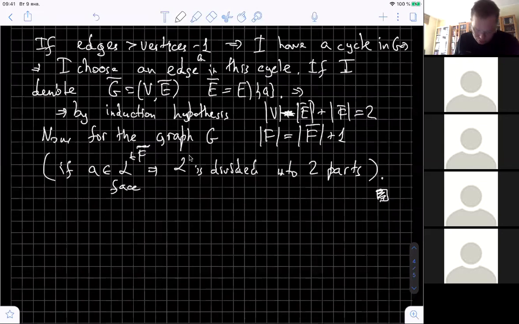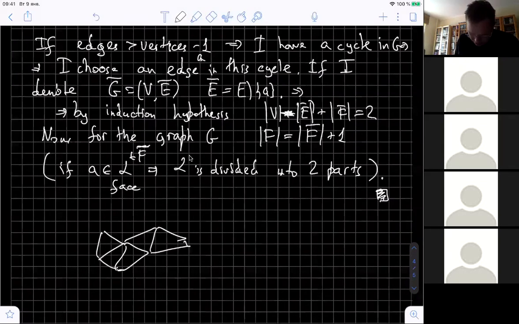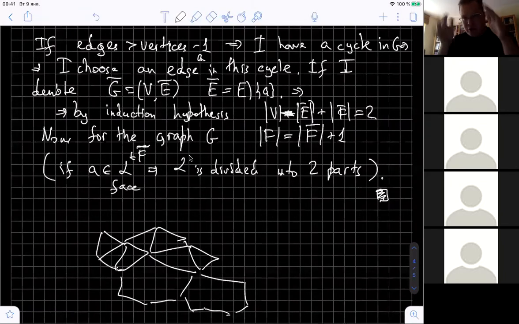Okay, so if you have a tree, you can prove it by calculation, and if you have an arbitrary planar connected graph, you just find a cycle.